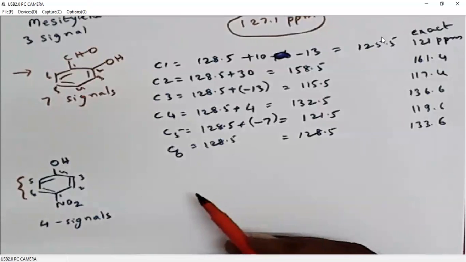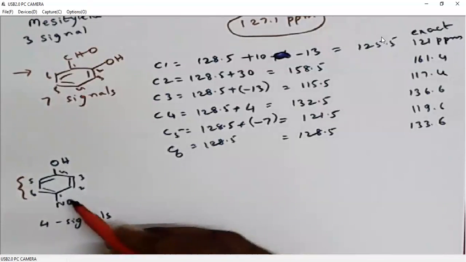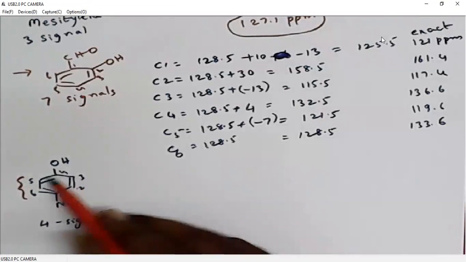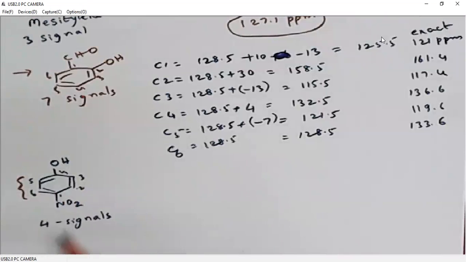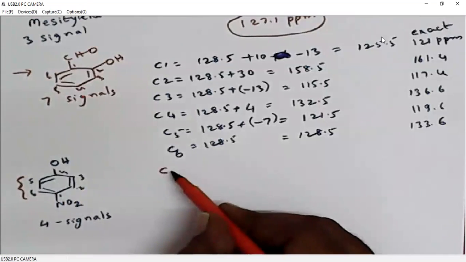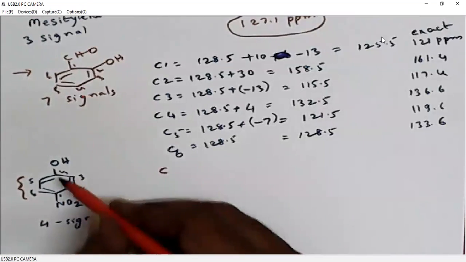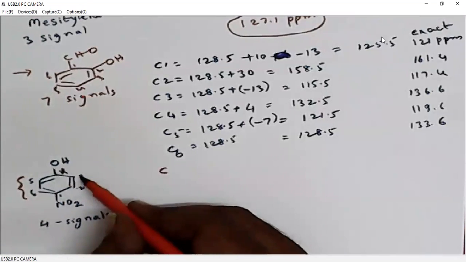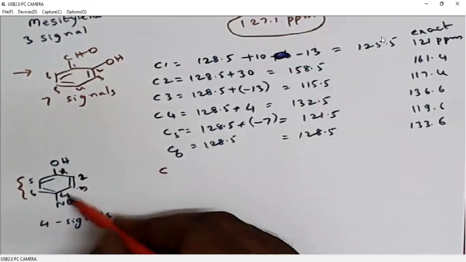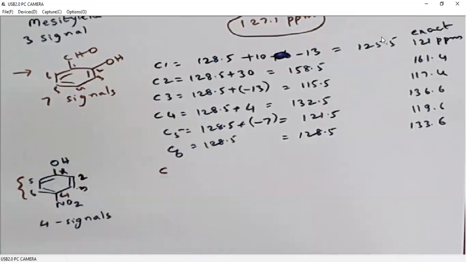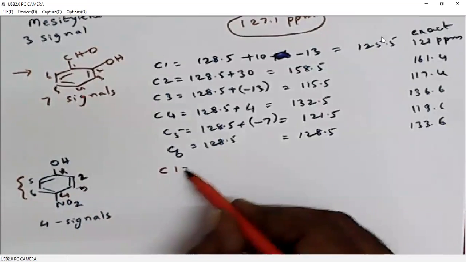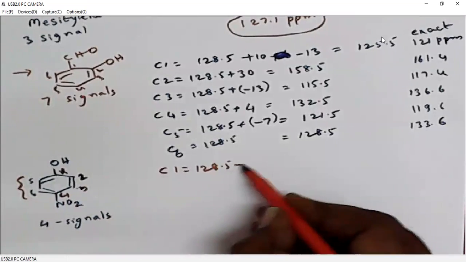For paranitrophenol, it is a symmetrical molecule. So 2 and 6 carbons will give one signal, 3 and 5 carbons will give one signal. So altogether we will get 4 signals. Now for C1, I should have given the numbering in this fashion. For C1, it is 128.5.